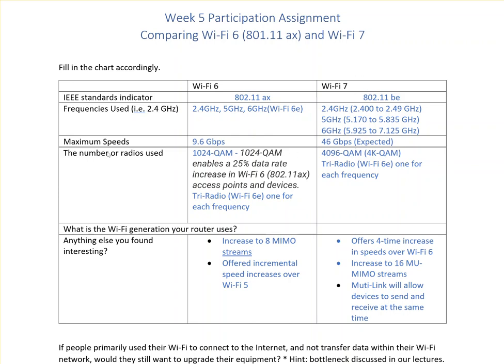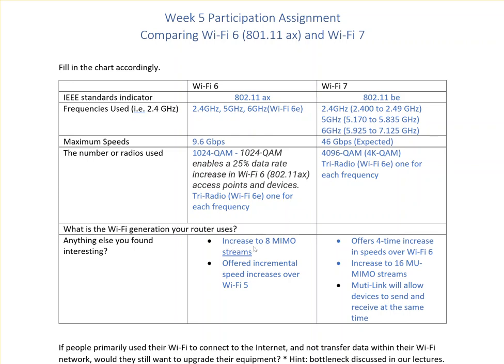Then we talk about what makes this all work. It's 1024 QAM, okay, data rate increase in Wi-Fi 6AX, okay, access points and devices, 25% data rate increase. So this technology, this protocol does this. Then what we did is we jumped that up from 1024 to 4096, okay? So better quality even more. What does this mean?